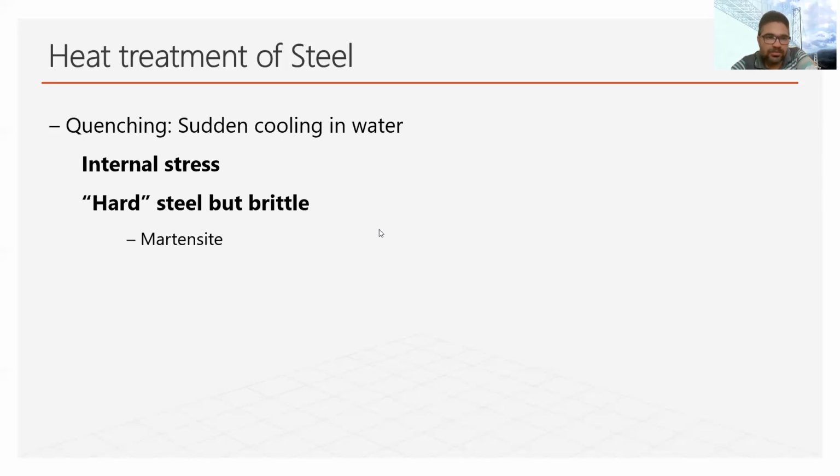Sudden cooling in water induces some internal stress, and at the same time the structure of steel becomes very hard, and this structure leads to a new term called martensite. So the new form of steel is called martensite.